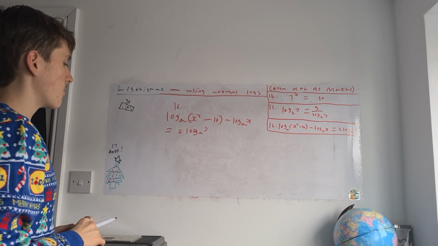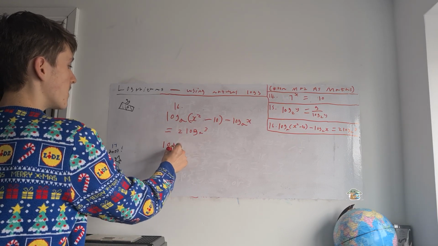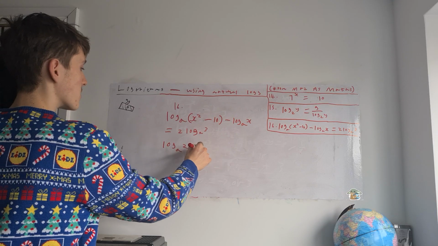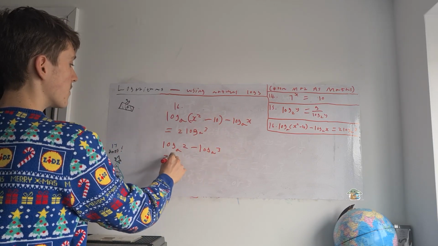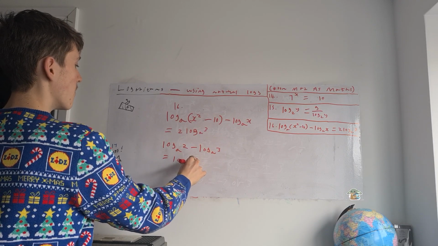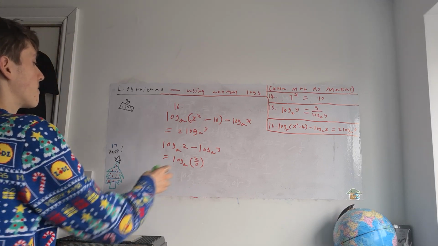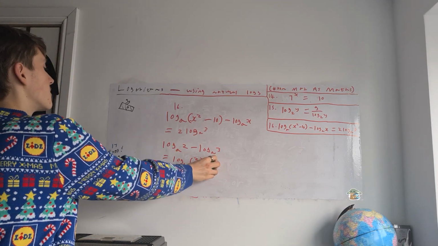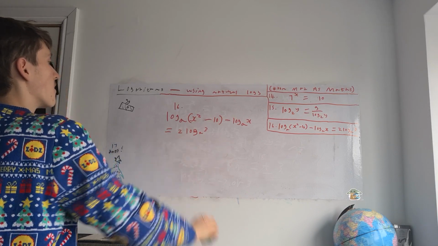So now we know from our formula, if you have log a 2 minus log a 3, that is equal to log base a of 2 over 3. From our last video we know that. That's one of the formulas. So when you minus, you just divide by whatever's in the log.